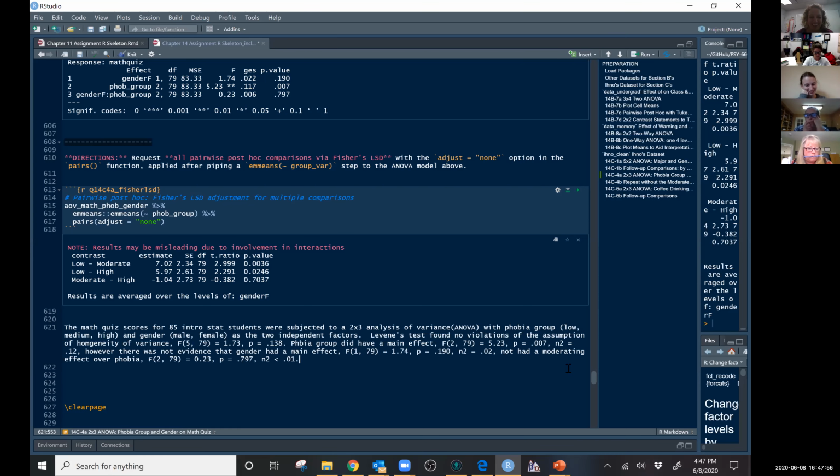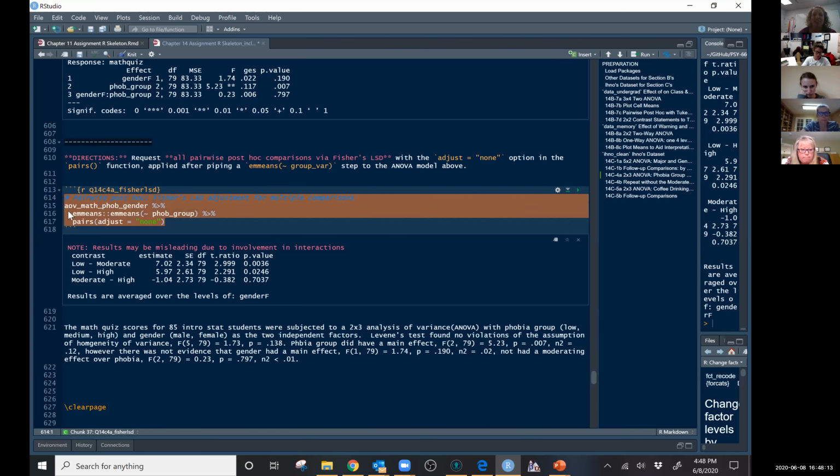So that gets me through the ANOVA results. The ANOVA results tell me there's something going on with phobia. At least one of the phobia groups is different, but since there's 3 phobia groups, we did a pairwise post hoc test with Fisher's LSD adjustment for multiple comparisons.